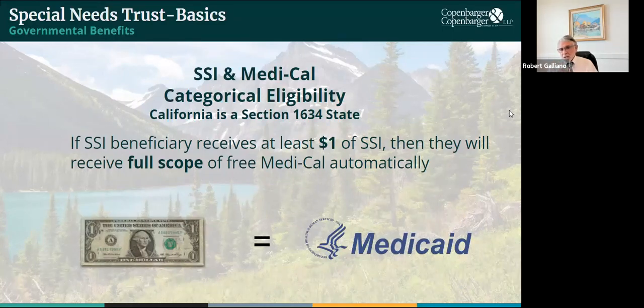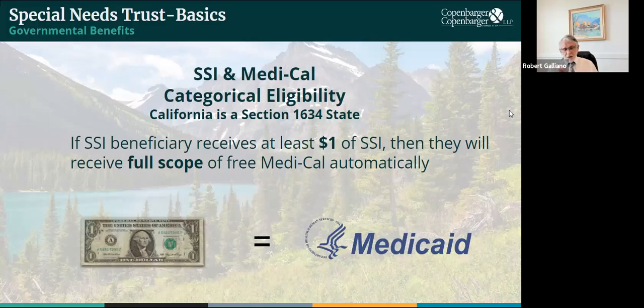California is a Section 1634 state. What does that mean? Why is that important? Here's why. Because that particular federal law, the government has worked out with certain states, California being one of them.